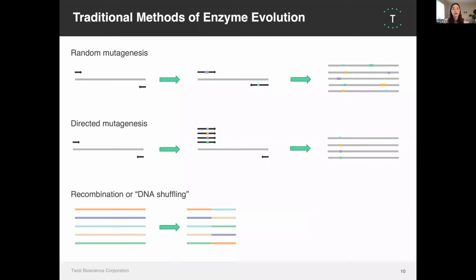Ideally, this approach will result in randomization along the entire sequence, resulting in mutations that are equally represented. However, this relies on all possible mutations occurring at the same frequency, and certain types of errors in the amplification process are more common than others, which leads to bias in the library composition.